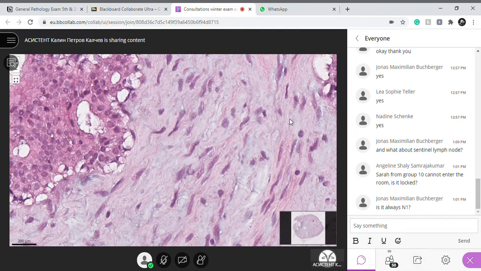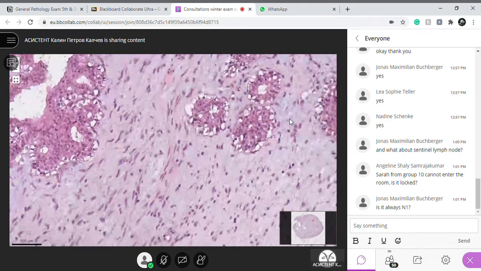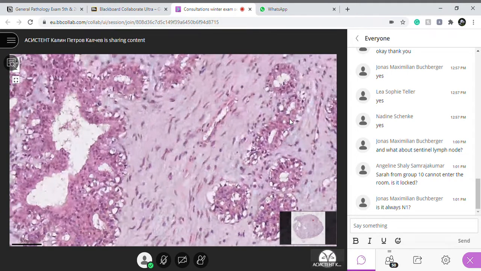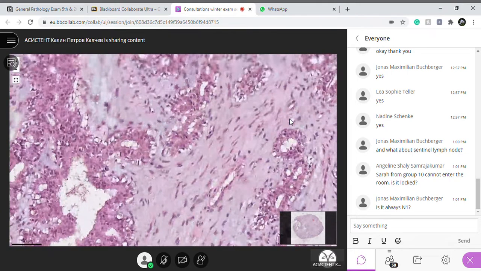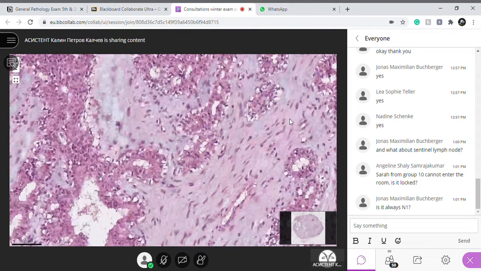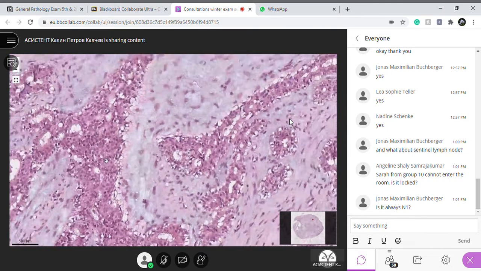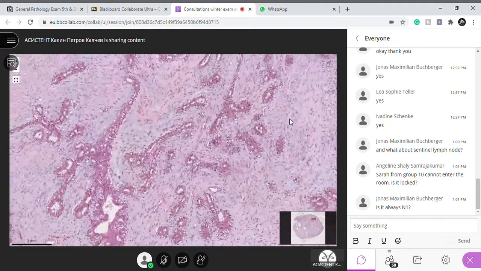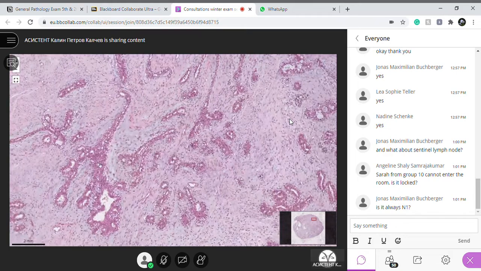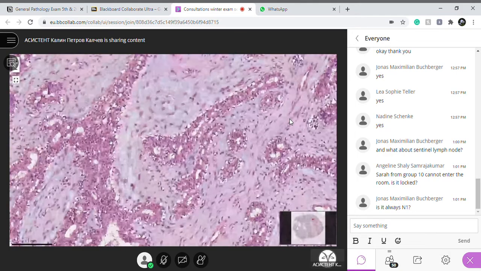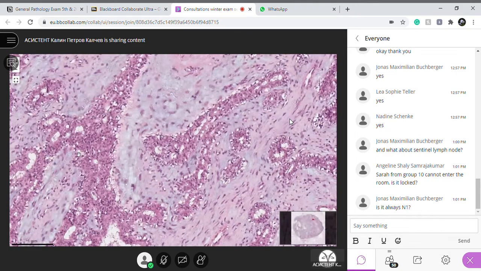But the cells, even though we see some mitotic figures here, do not look very different from the normal cells. But they are not arranged properly. They grow in these cribriform structures, like there is a merger of different glands.